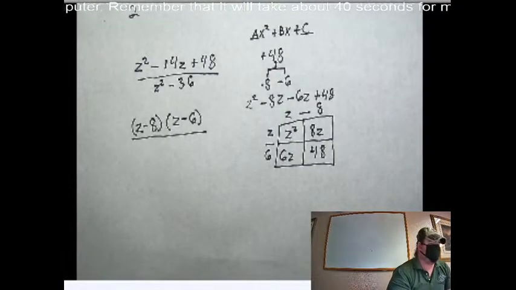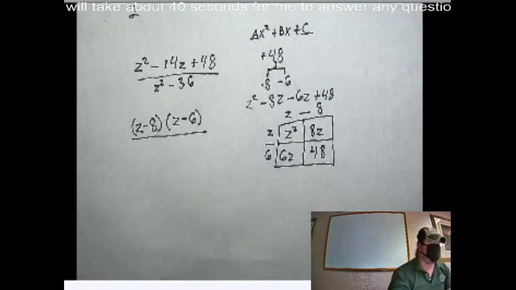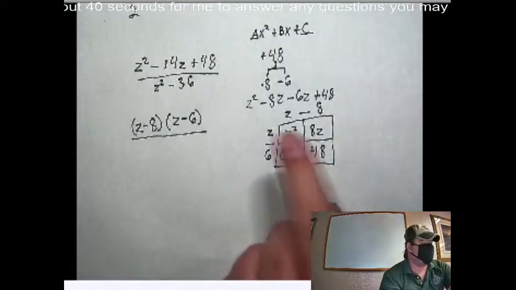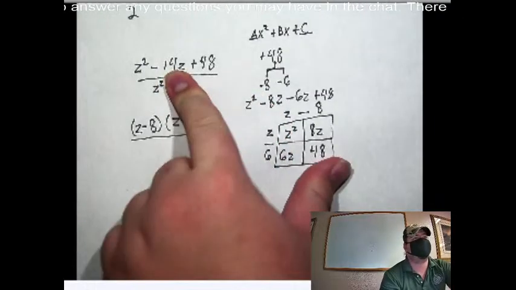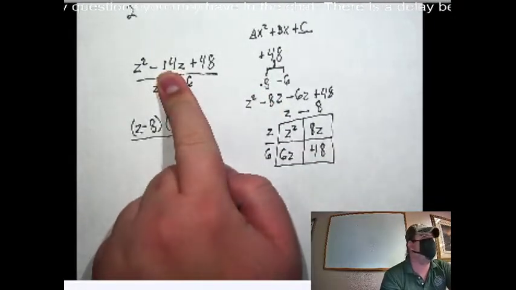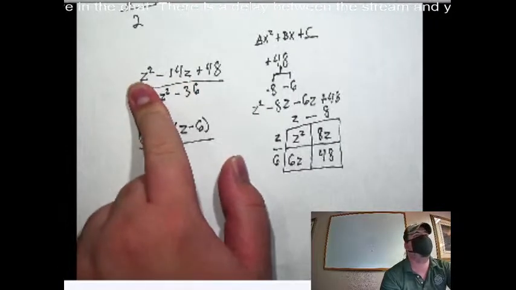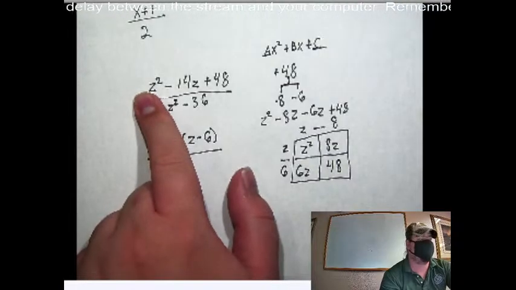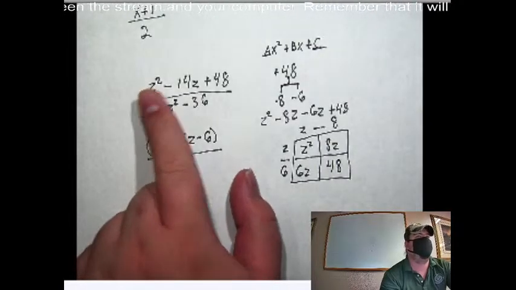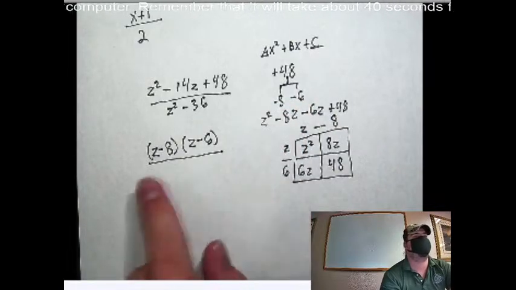Okay, now for that shortcut I mentioned. Again, I'm pretty sure I went over this, I think last week. But what is the leading coefficient on this polynomial? Is what? 1, positive 1. If the leading coefficient on your polynomial is positive 1, once you get to this point, you can use these numbers to make your factors.